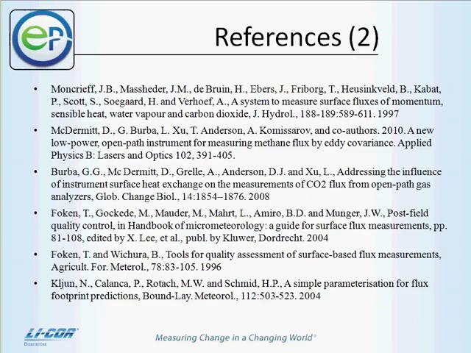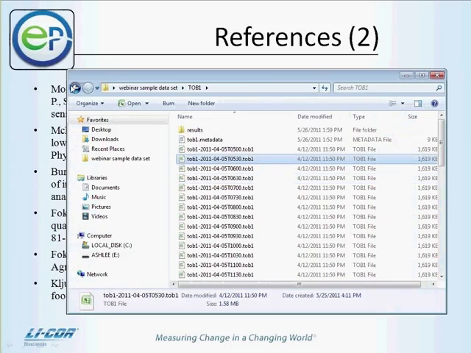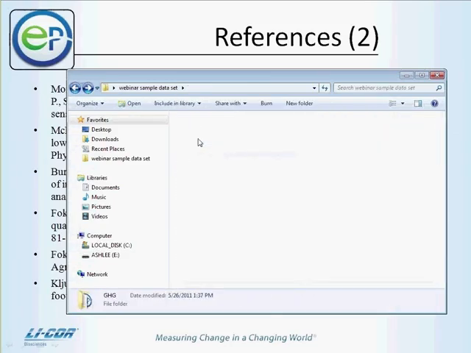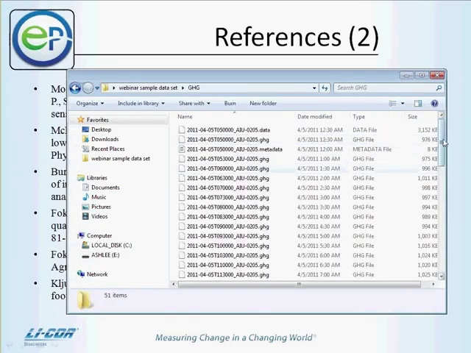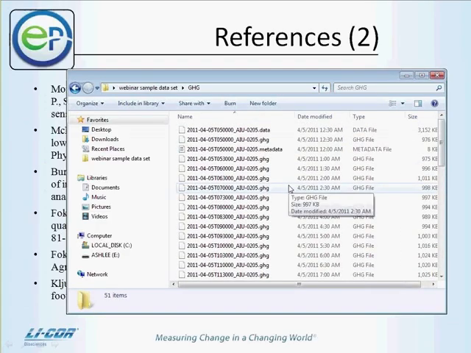This file type that we call GHG is revolutionary in a way because it bundles the meta information that we need to calculate the fluxes and to decide how to compute the fluxes with the raw data. Israel will tell you more about it later, but let me show you here in the GHG folder. Each of these GHG files is a zip file that bundles high frequency data and meta information.